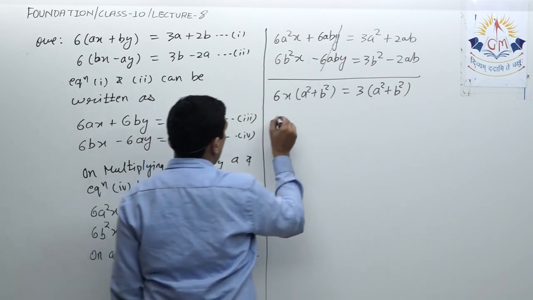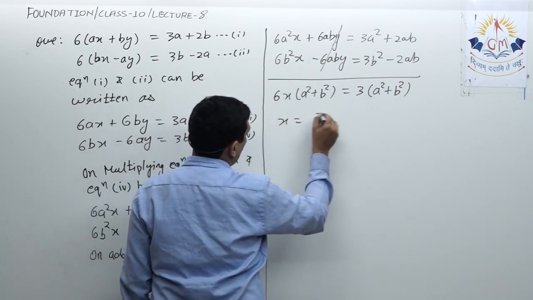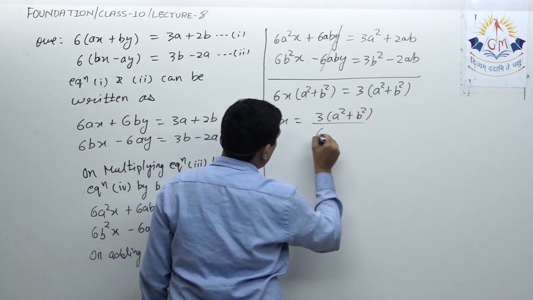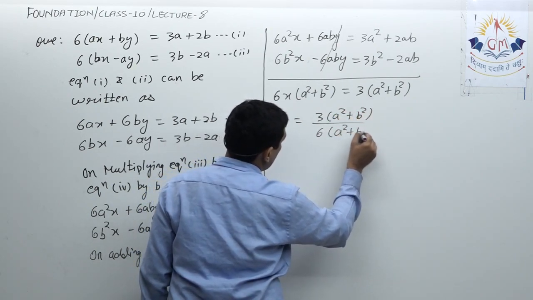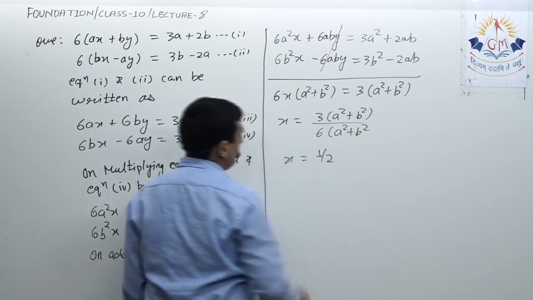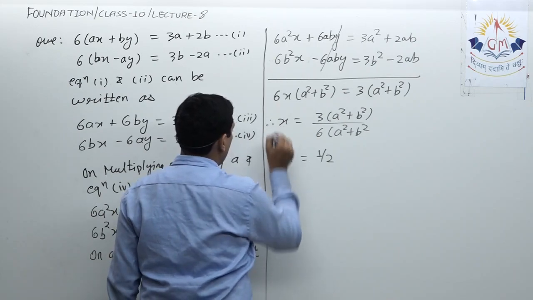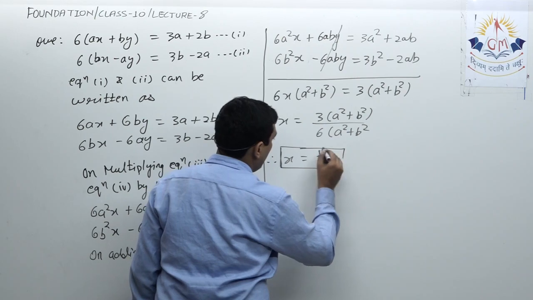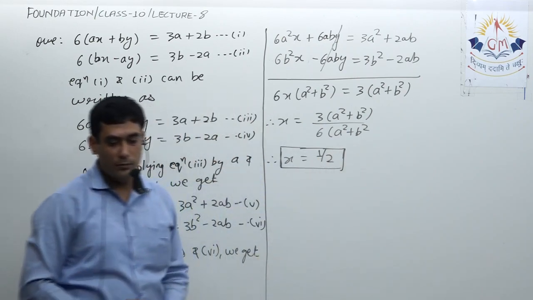So x is equal to 3(a square plus b square) upon 6(a square plus b square). So x is equal to 1 by 2. So here we got the value of x. Note it down up to this point, then we'll see how to get the value of y.